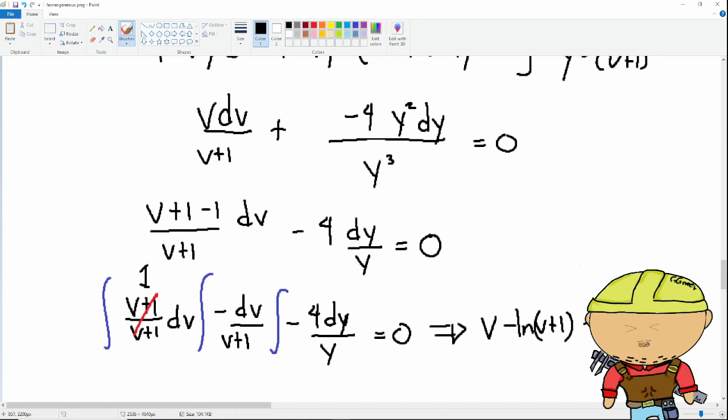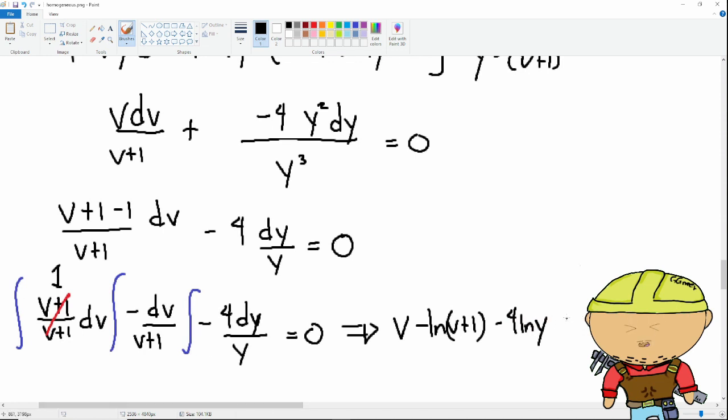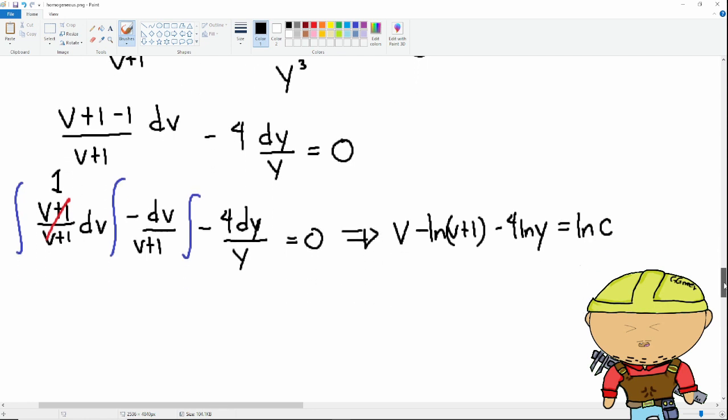Since there's a lot of terms with the ln, or natural logarithm, we're gonna put ln c. Okay, a lot of negative, so I'm gonna put the negative on the opposite side. v is equal to ln c plus ln v plus 1, okay, plus ln y to the 4th.